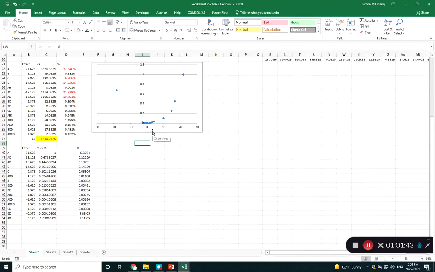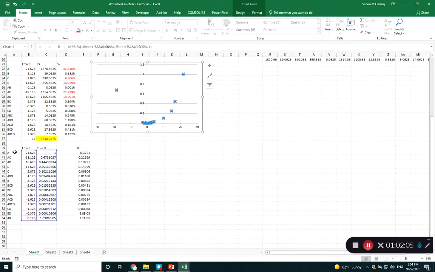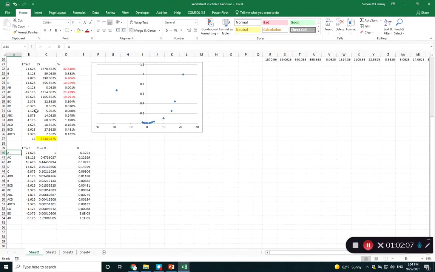Those are the terms that I can bundle together and sacrifice, saying, hey, since I don't have any sum of square for my error term, I'm going to use all the sum of square here. So here, basically the red one, according to this, A effect stays, and AC effect stays.